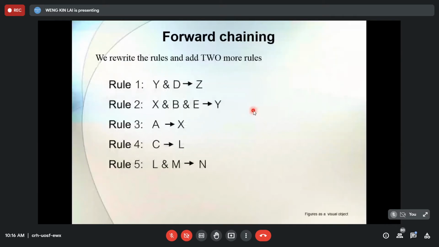So now we look at some of the rules here. For example, we have this example where we have a set of 5 rules. So we rewrite the rules and then add 2 rules. Okay, this is what we have. This is actually based on the earlier example, so now we have a total of 5 rules.